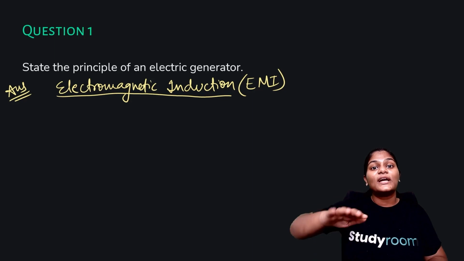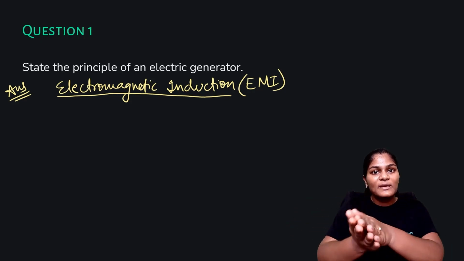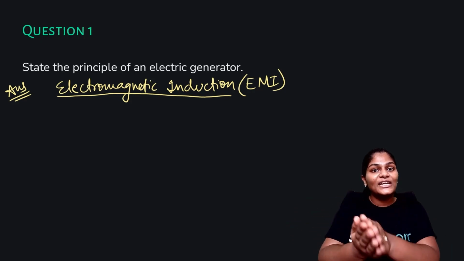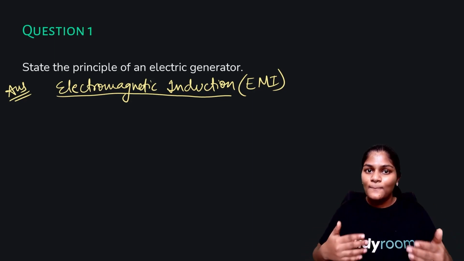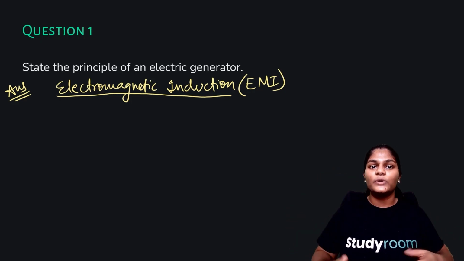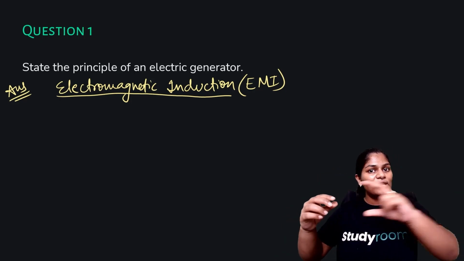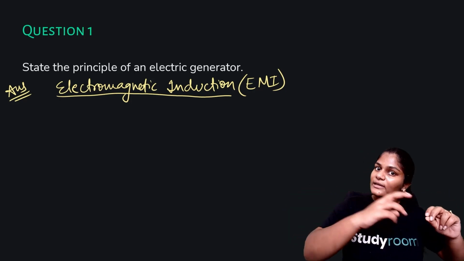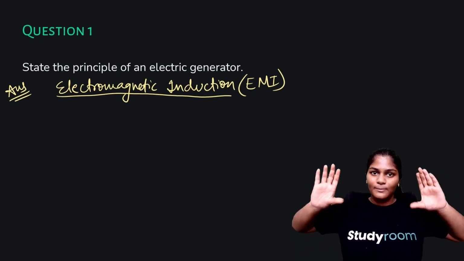That is because the conductor is being rotated in the magnetic field, right? So that angle that it makes with the magnetic field is continuously changing. That is how it is in relative motion, right? What did we say? That there has to be a relative motion between the magnet and the coil. Like we had said, either the coil has to be moved towards the magnet or the magnet has to be moved towards the coil. So in the generator, what are we doing? We have the magnets in one place.